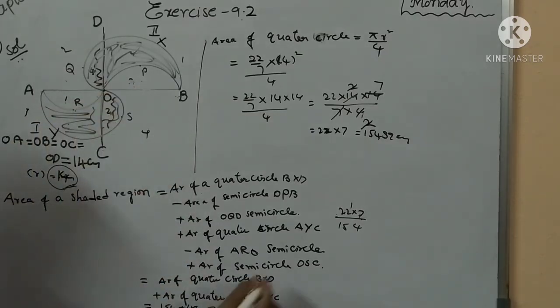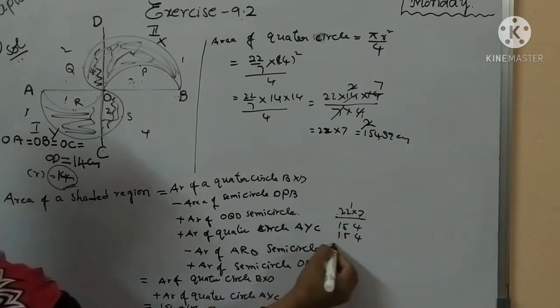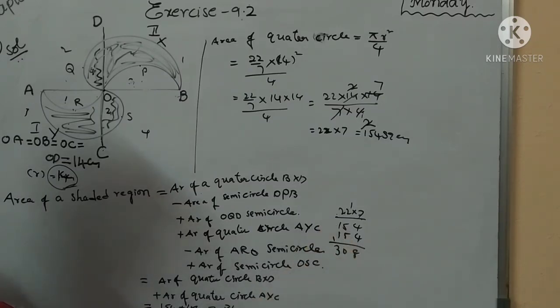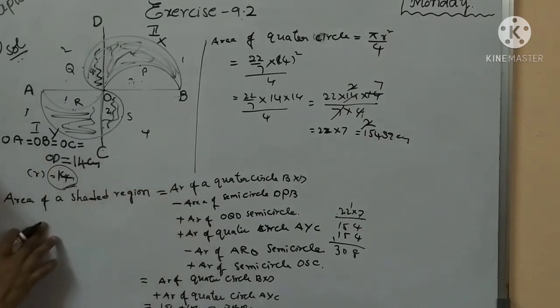So adding 154 plus 154: 4 plus 4 is 8, 5 plus 5 is 10, and 1, 2, 3. So finally 308 square centimeters. It is the area of the shaded region. Did you understand, children, this one?